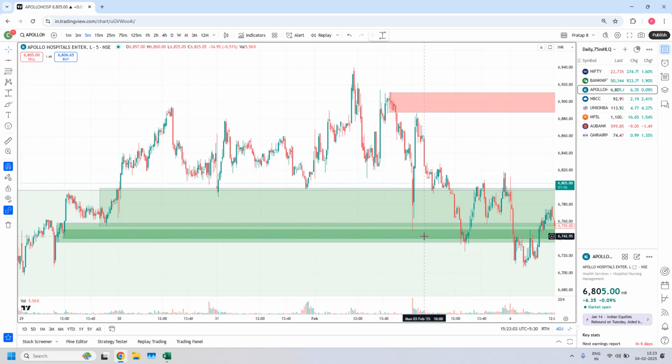Sometimes your HLQ zones might be just one or two. That is what happened yesterday. The day before yesterday, our software gave you only two HLQ zones, and we didn't get any trades yesterday. You might have been sitting idle because trades did not happen.